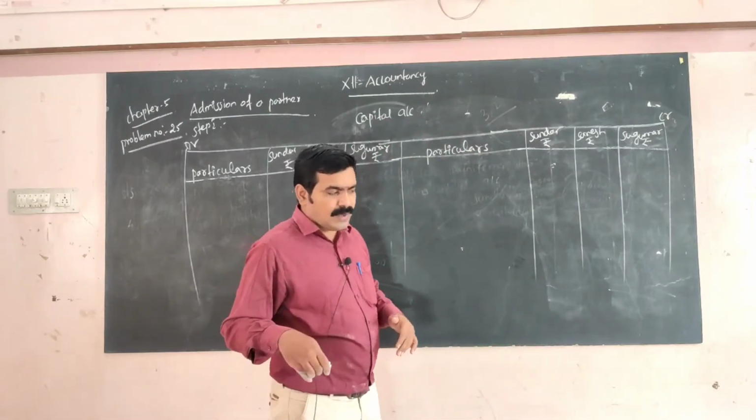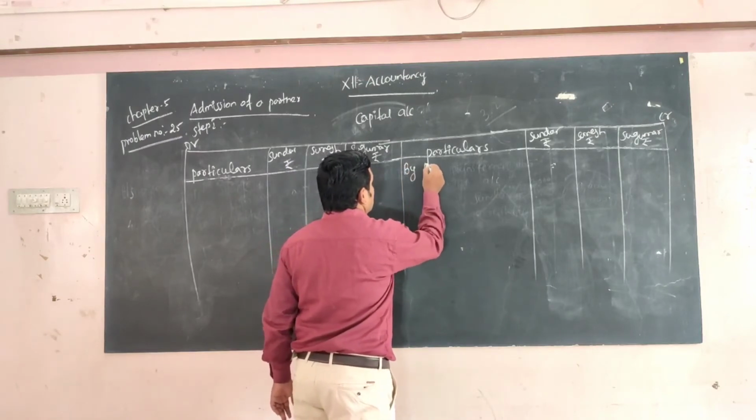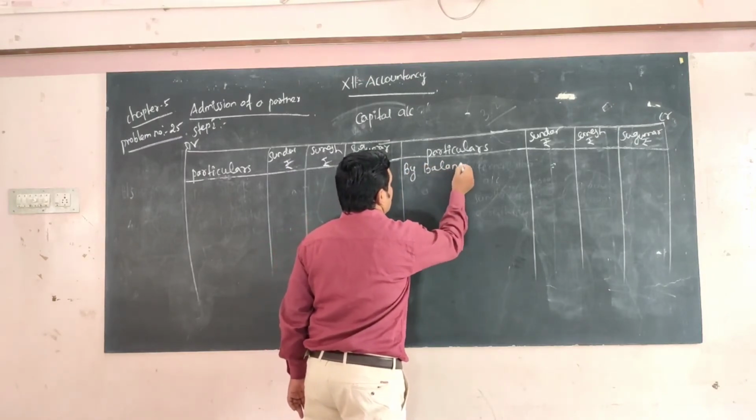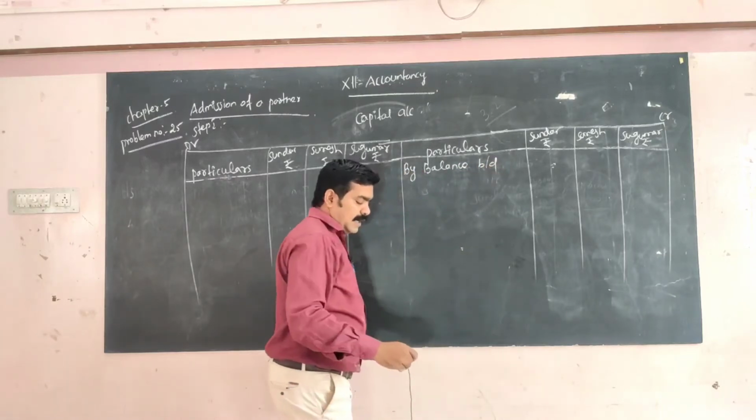So now, what is the first information? By balance brought down. The first information is by balance brought down.